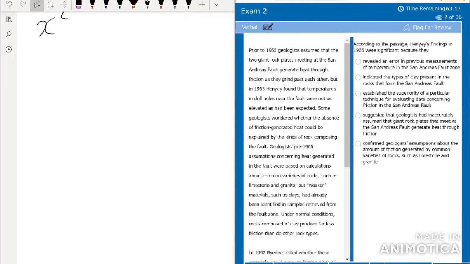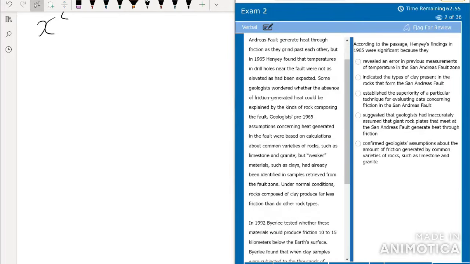C is just no. Okay, I'm thinking it's D.